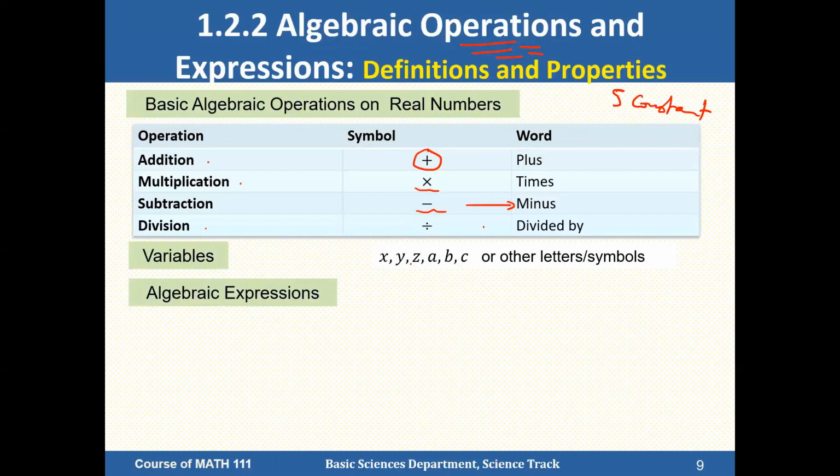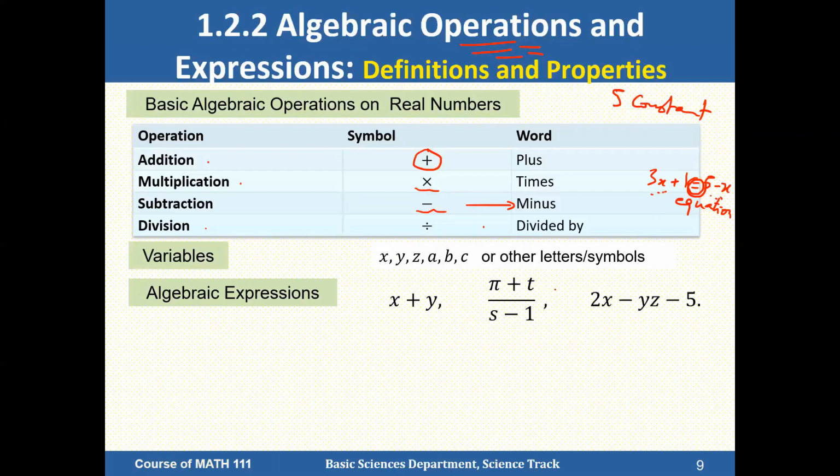So now what do we call an algebraic expression? An algebraic expression is not an equation. For example, x plus 1 equals 5 minus x is called an equation. It's an equality between two quantities. And each of these quantities is called an algebraic expression. So what's an algebraic expression?